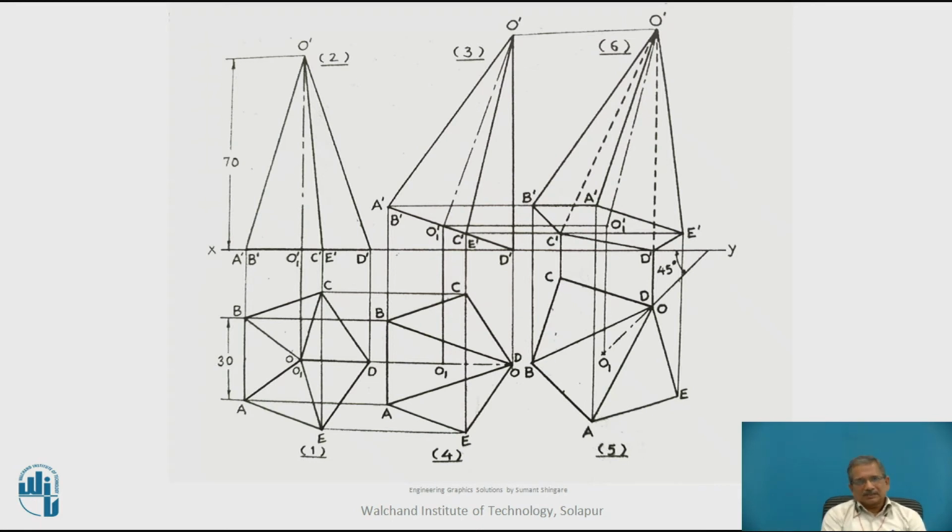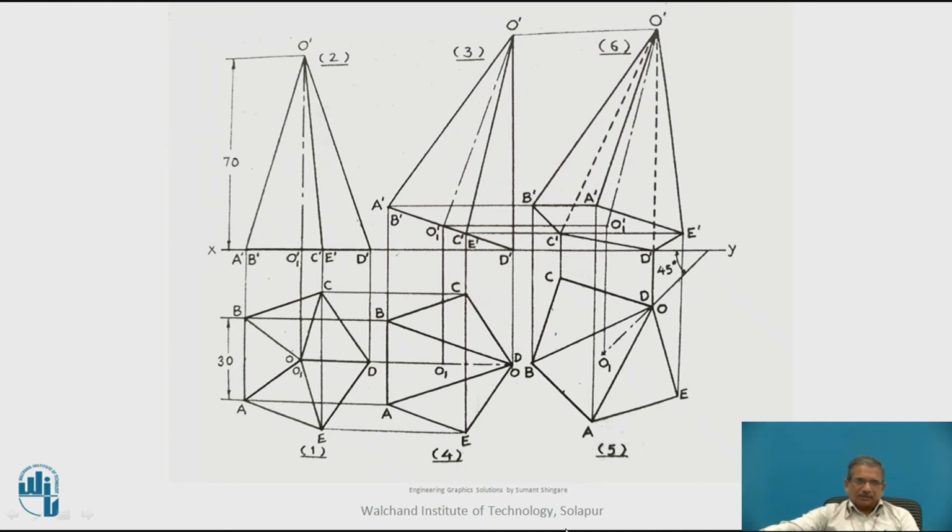Because this is the last stage or third stage of the solid where the top view of the axis is making 45 degree with VP. So now we have projected, we have plotted all the points. You have to take care while joining the lines or joining the points. What care you have to take and what will be the result?